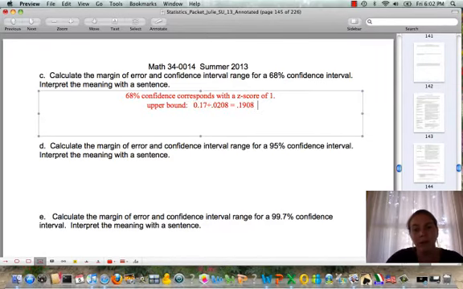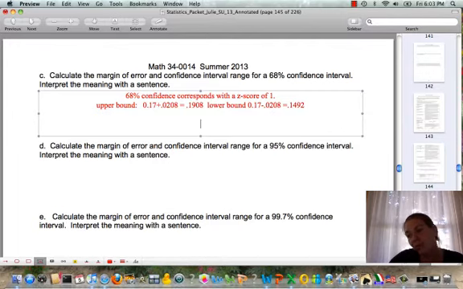Now we can go ahead and calculate our lower bound by doing a similar calculation with subtraction. And so in our lower bound, we're saying 0.17 subtract 0.0208, and we get 0.1492.